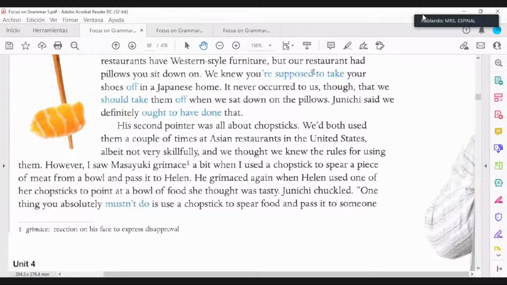Manuel, continue. His second pointer was all about chopsticks. We both used them a couple of times at an Asian restaurant in the United States, albeit not very skillfully, and we thought we knew the rules for using them.